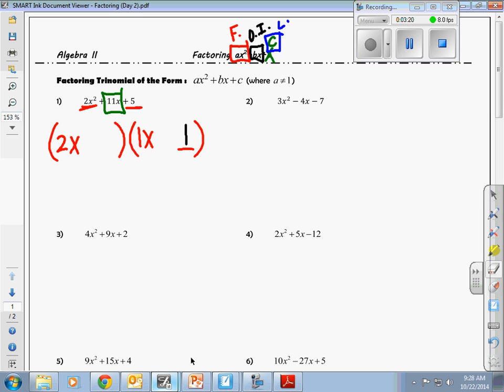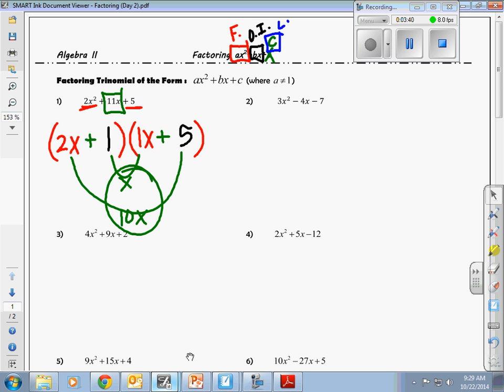Okay, I had 5 here, so now I'm going to put a 1 there. And I put 5 here. And once again, I check my outer and my inner. So this gives me x, and this gives me 2x times 5 gives you 10x. Can I add these two numbers together to get 11? Yes, I can. So they would both be positive. And here would be my binomial factored.